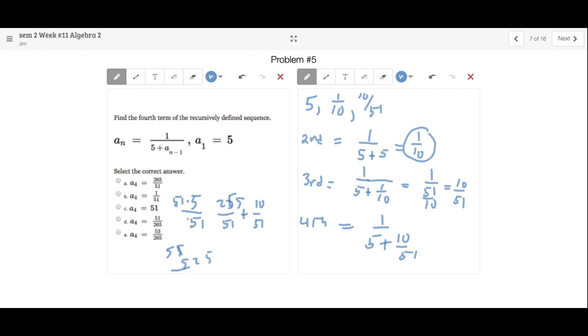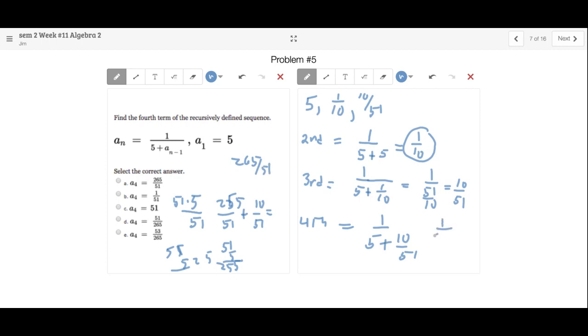51 times 5. Ah, 255. Yep, that's right. So then if I add, that gives me 265. So that's 265 over 51.